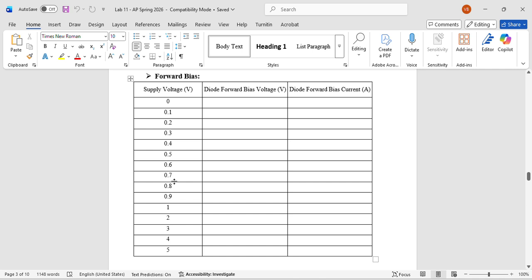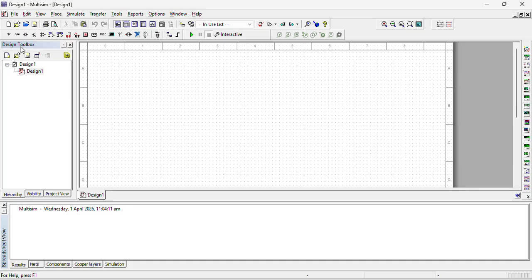After 0.7, its conduction, or the current, will increase rapidly, while the voltage across the diode will remain around 0.7, whatever the supply voltage is, and current will increase proportionally after 0.7 volt. So let's continue to build.